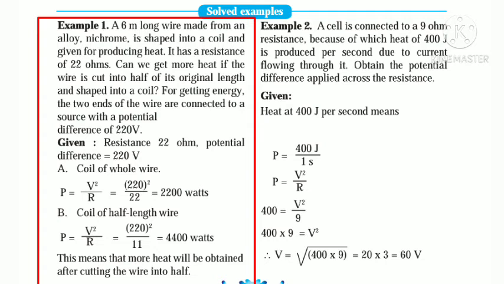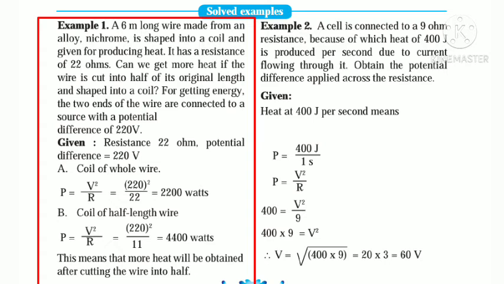V square is equal to 220 square and R is equal to 22. Calculating, 220 square upon 22 is equal to 2200 watts. Means if coil of whole wire is used, the power is 2200 watts.